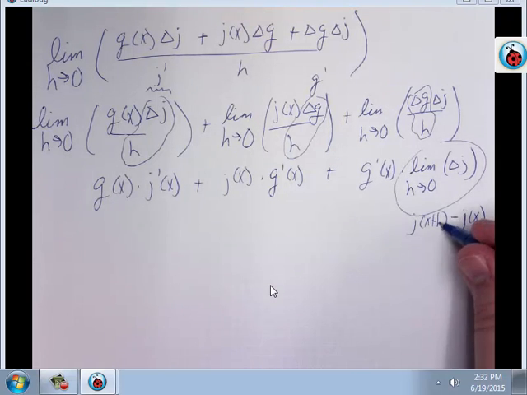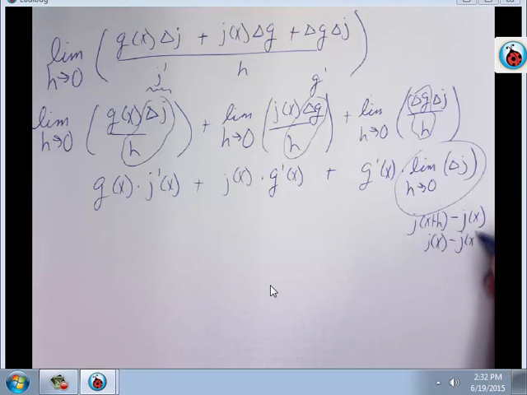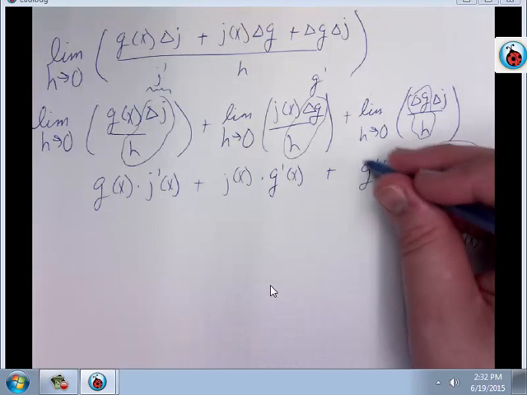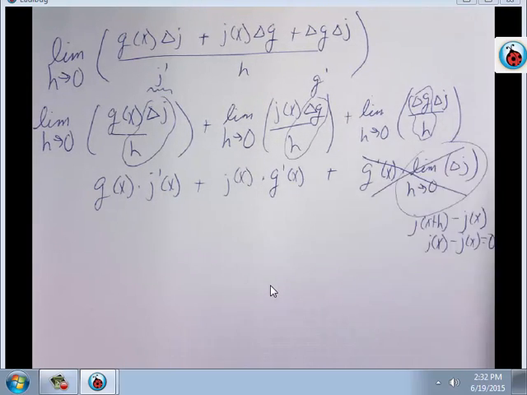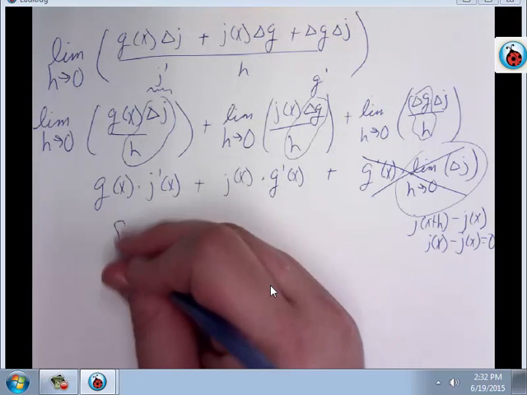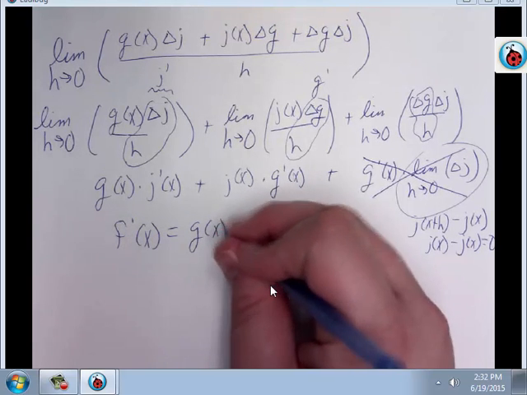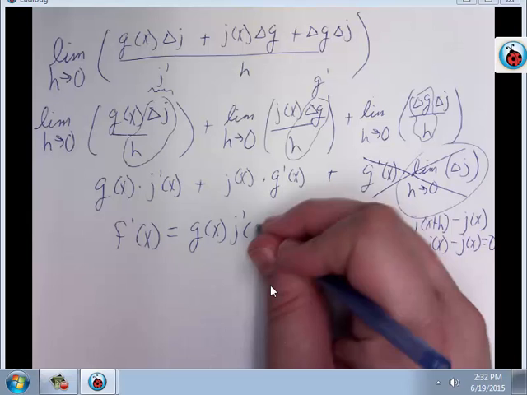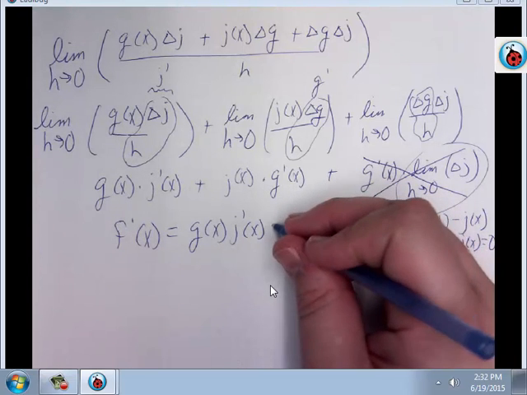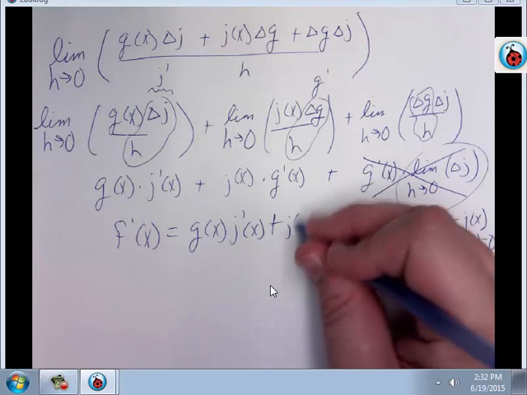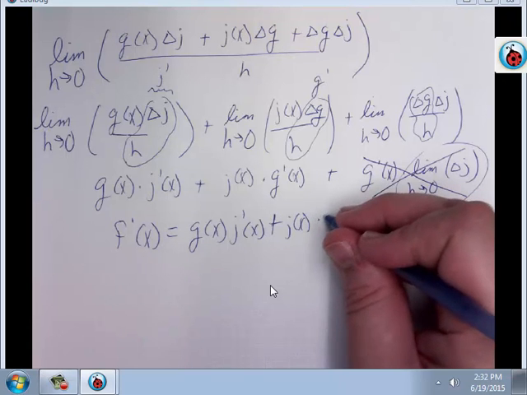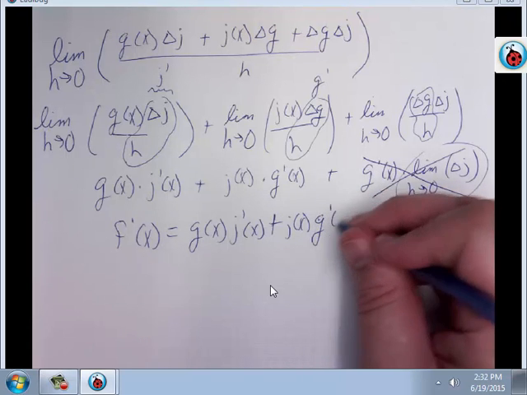As h goes to 0, I get j of x minus j of x, which is 0. So this whole term goes away. And I'm left with f prime of x equaling g of x j prime of x plus j of x times g prime of x.